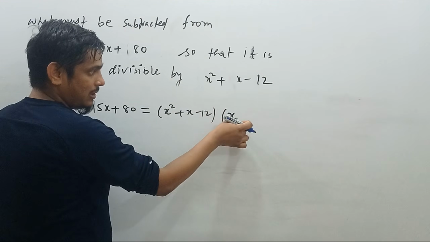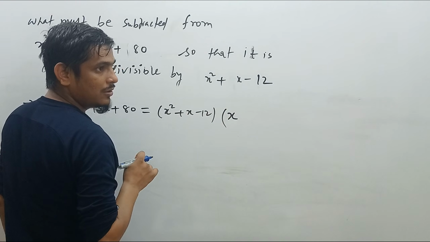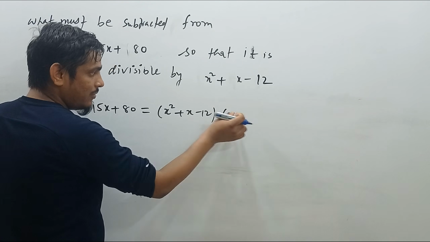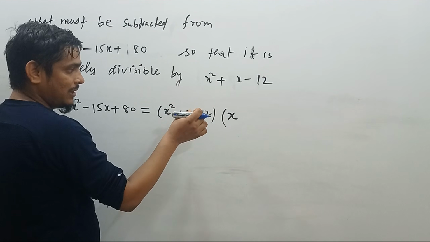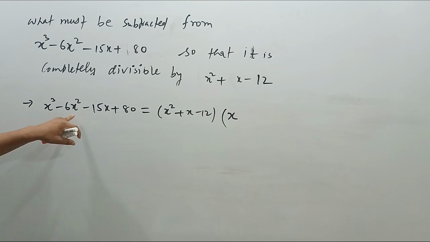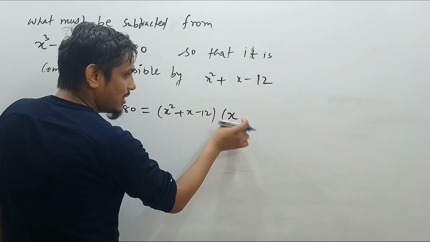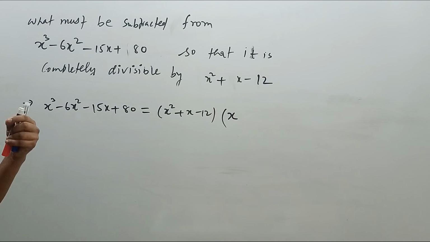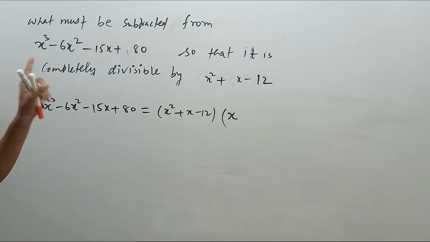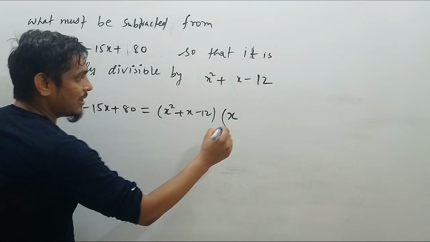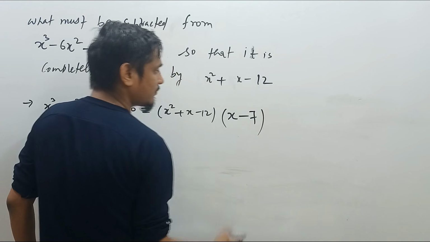The next term will be a constant, which we must choose such that the x square terms give negative 6x square. We have plus x square, and to make it negative 6x square we need negative 7x square. So we take negative 7 over here.